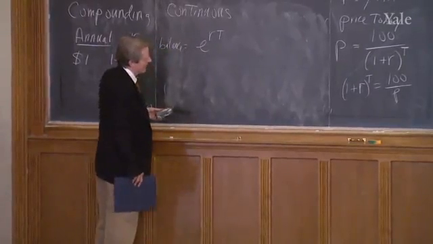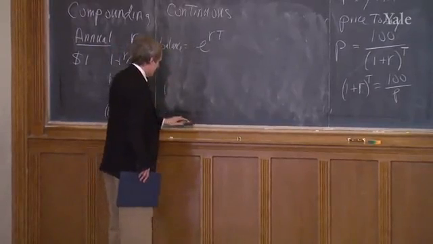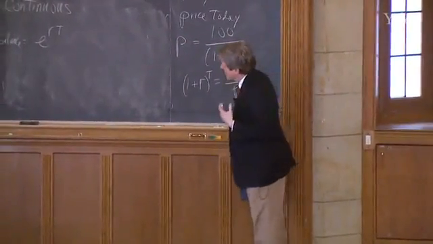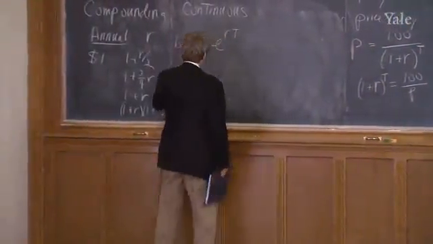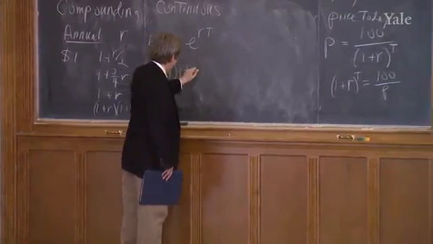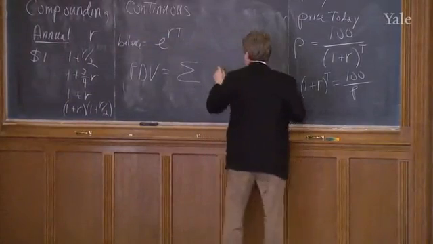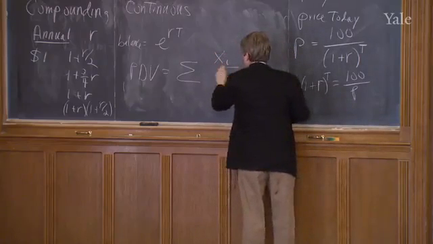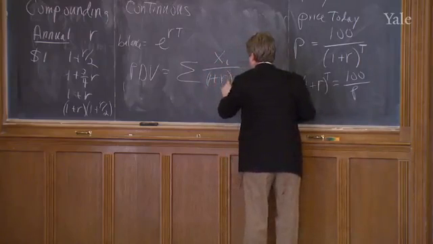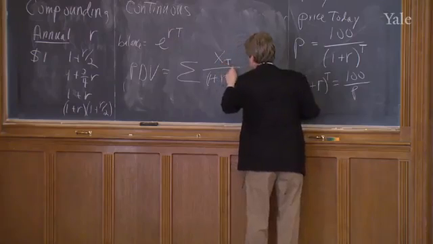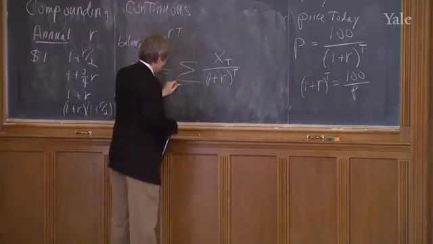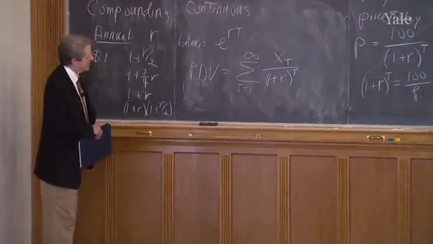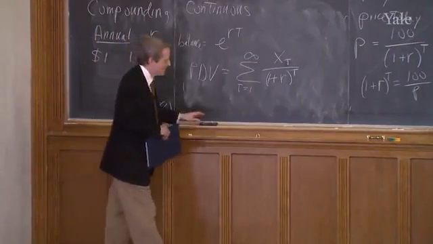If I have a sequence of payments coming in once a year, then it would be natural to use annual compounding, and the present discounted value, PDV, is the summation of the payments X sub T all over 1 plus R to the T, from T equals 1 to infinity.